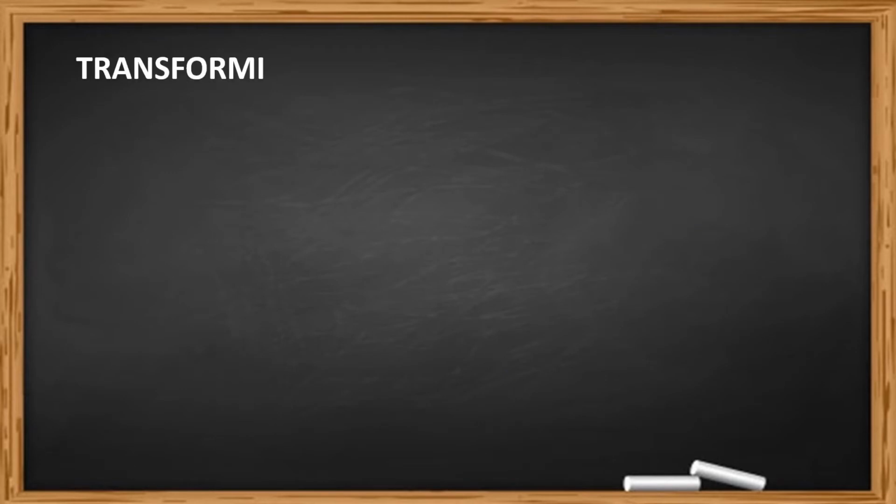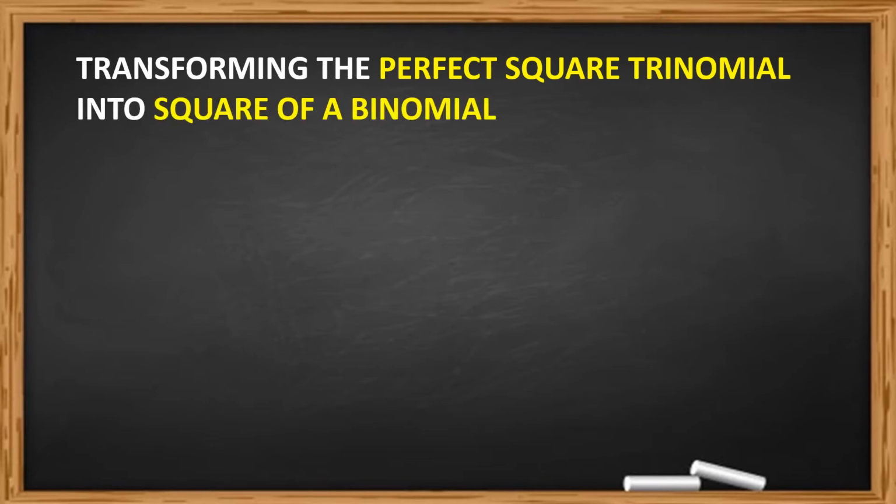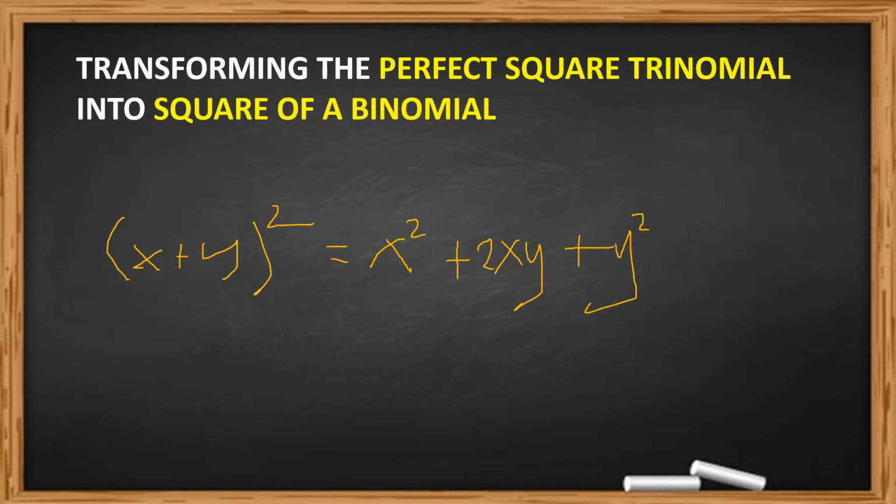So notice the transformation of the square of a binomial into a perfect square trinomial. If you have, say, (x plus y) squared, its transformation into a perfect square trinomial is x squared plus 2xy plus y squared. Now, let's analyze the relationship of these two.